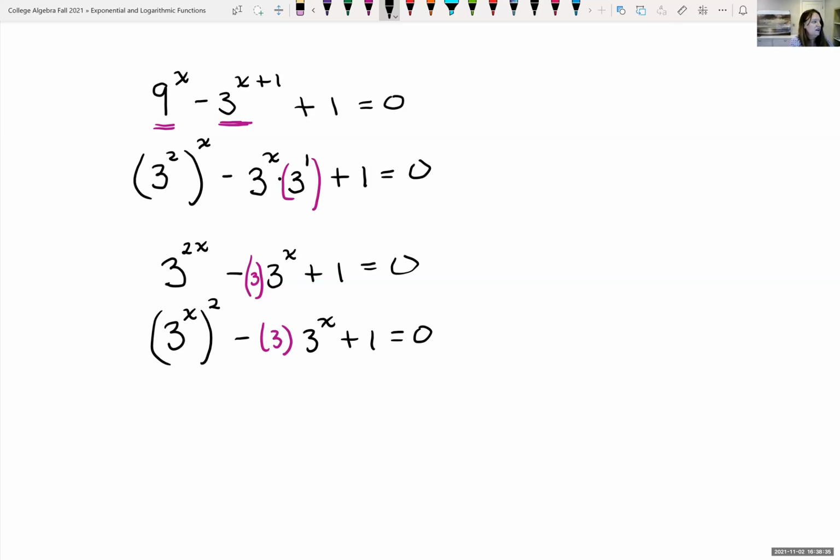So notice here that we can let u equal 3 to the x, 3 raised to the x power. So if we do that, we would have this u, then it's squared, minus this 3, then this u, plus 1 is equal to 0.